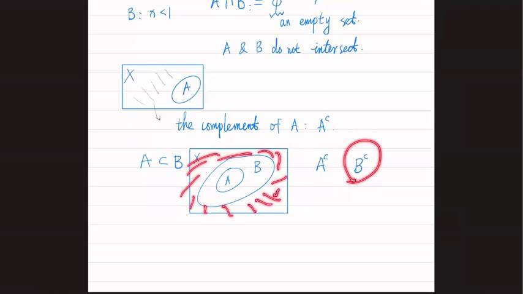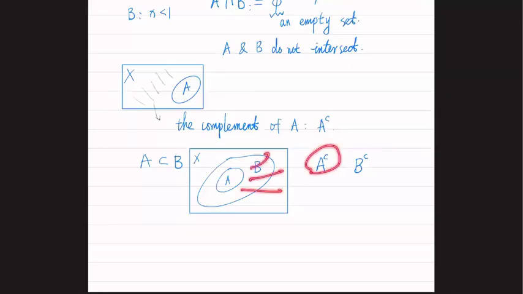So here we can see the complement of A is this. Complement of B is only part of this complement. Then it's the other way around. Yes, it will be the other way.